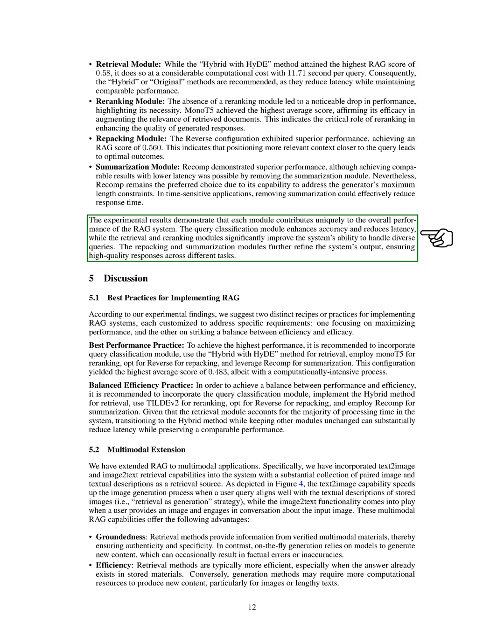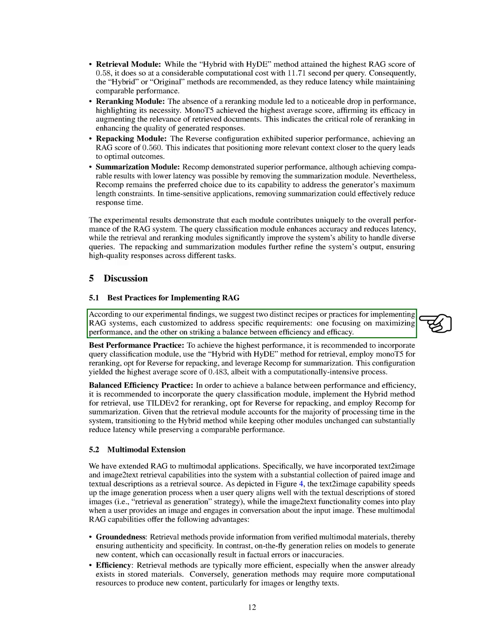Each module uniquely contributes to the overall performance of the RAG system. The query classification module enhances accuracy and reduces latency, while the retrieval and reranking modules significantly enhance the system's ability to handle various queries. The repacking and summarization modules further refine the system's output, ensuring high-quality responses for different tasks.